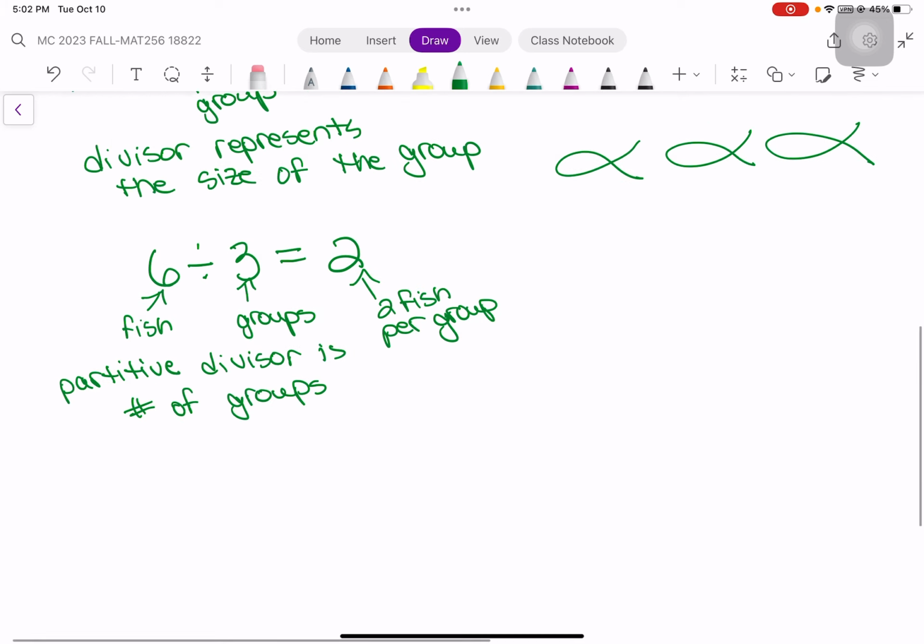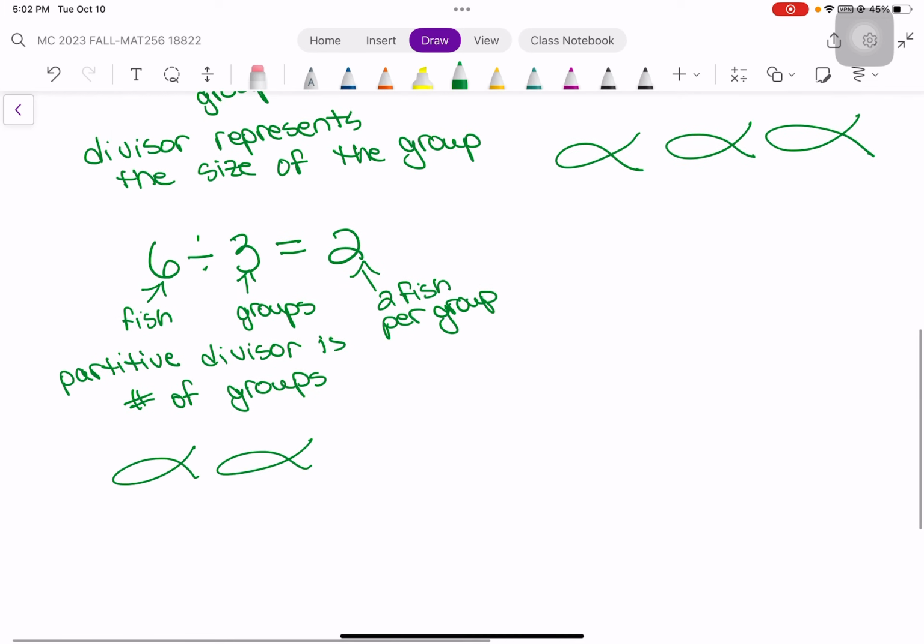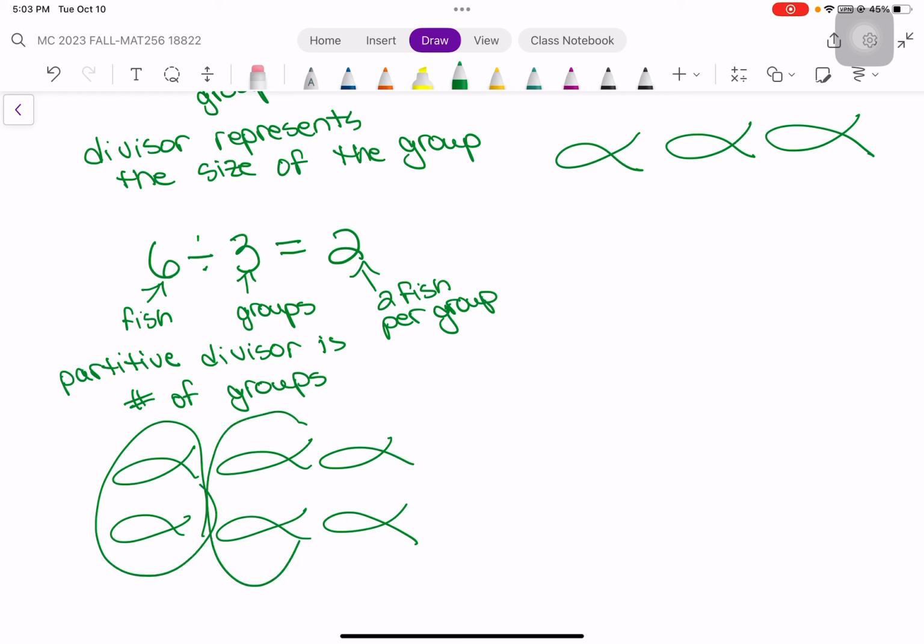So we have 6 fish. We want to split them into 3 equal groups. There's 1 group, 2 groups, 3 groups, and you can see that we do have 2 fish per group. So that's partitive division. 6 divided by 3 equals 2.